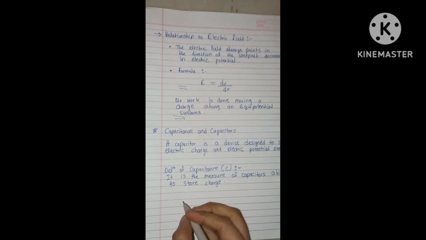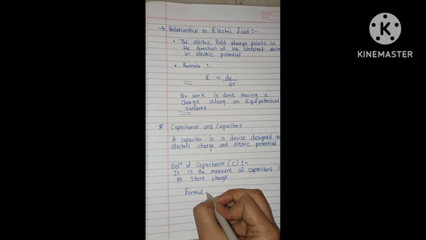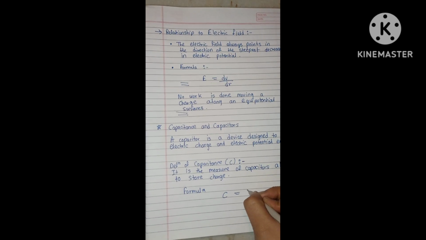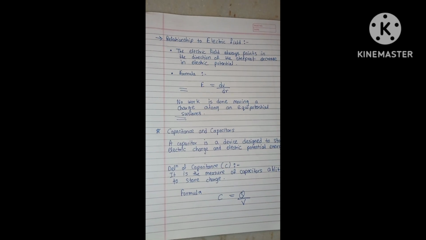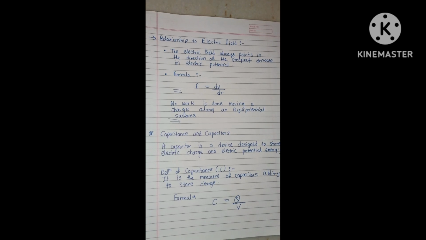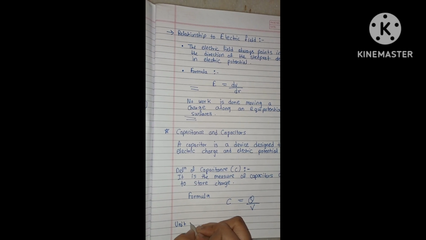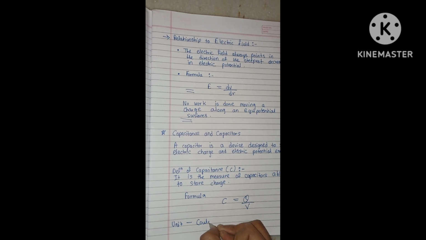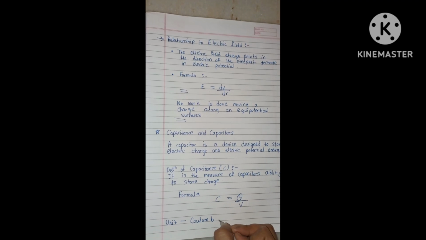Okay, so the formula for capacitance is capacitance C equals charge over volt, and the unit is coulomb per volt.